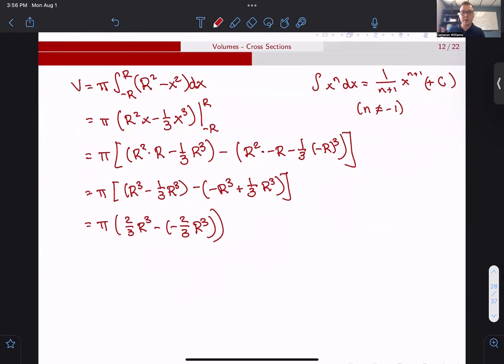And if you fully simplify this, negative, negative, positive, this becomes 4/3 pi r cubed. So we know the volume of a sphere, hooray! Even though we knew that already, it's kind of cool to see. 6th grade you is super impressed with yourself for figuring this out.